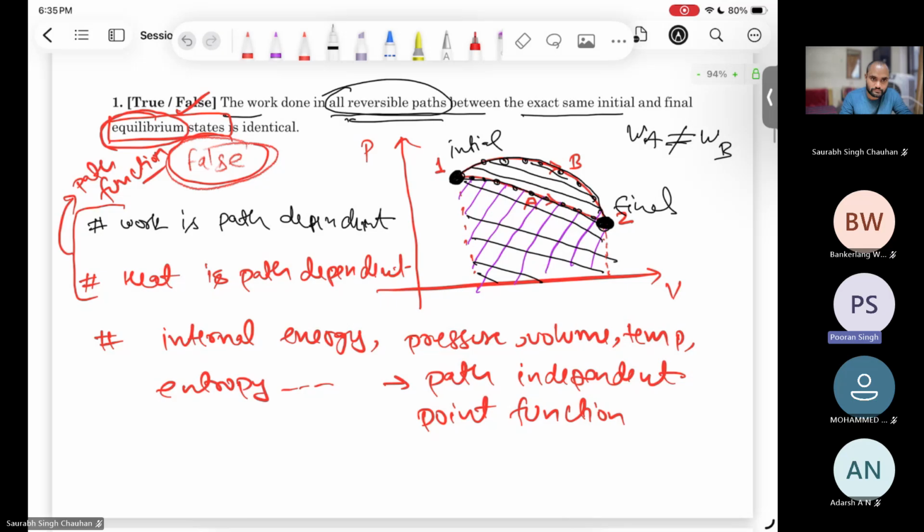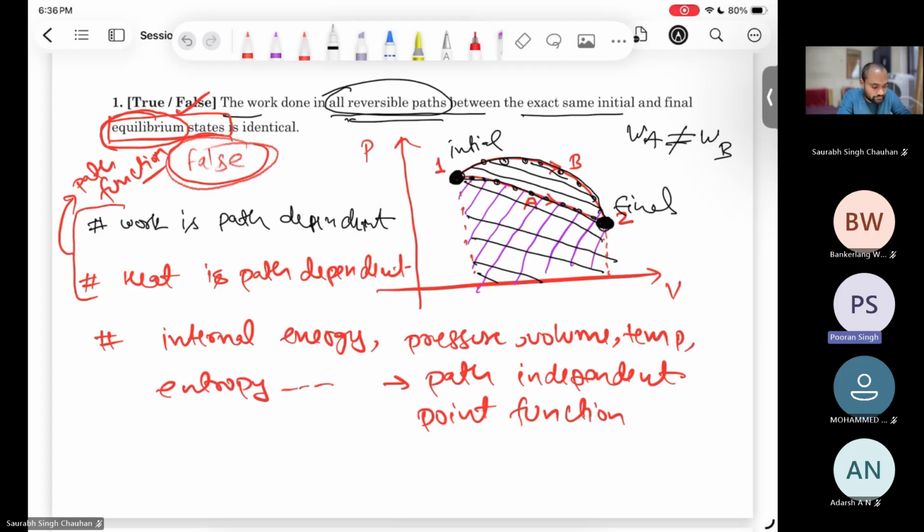Sir, I have one doubt here. You were mentioning that, irrespective of reversible or irreversible, the heat and the work are path dependent only. Is that so? Yes.